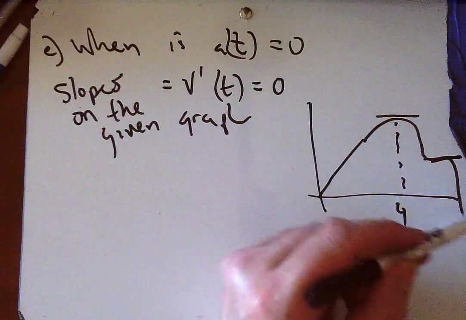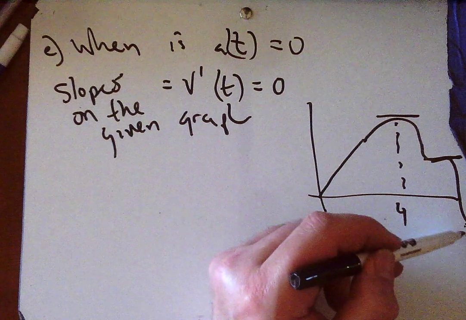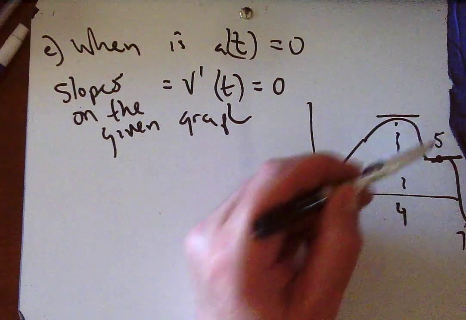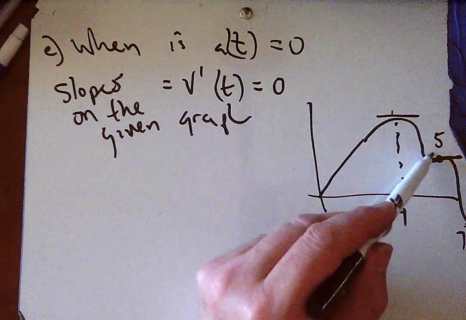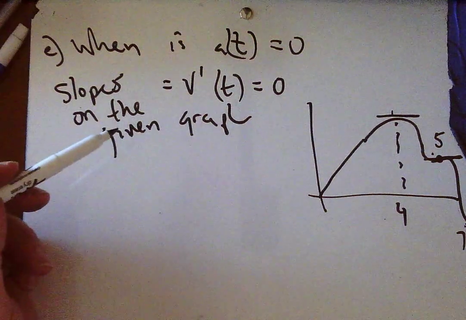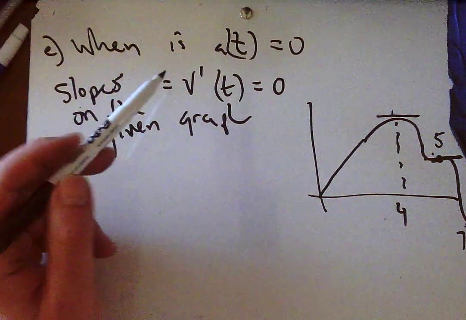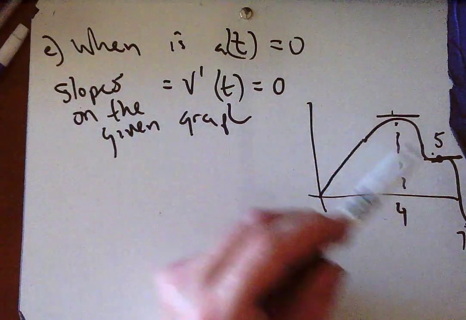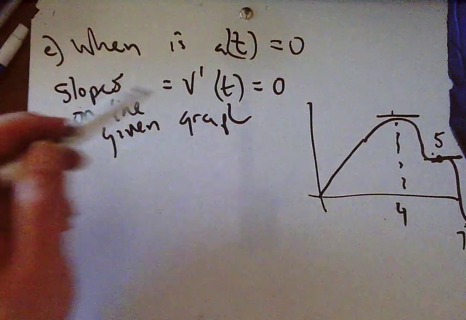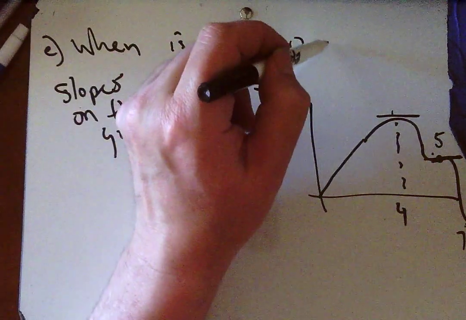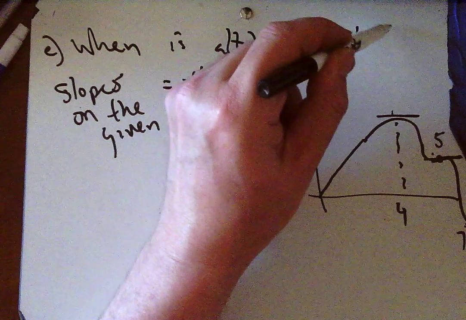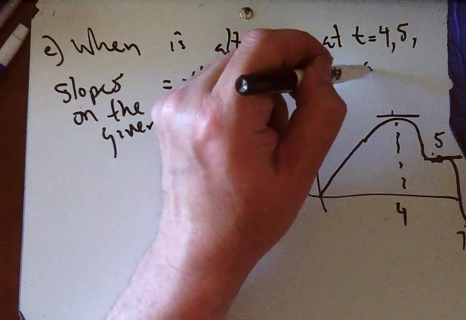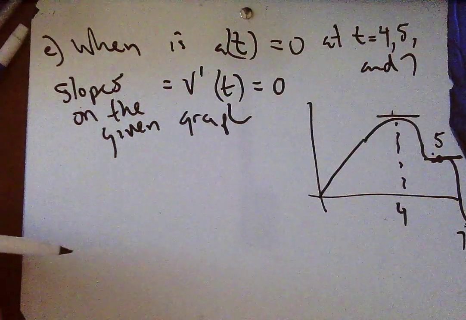If this is 6 and I had 9 over there, let's call that one 7, and let's call that one 5. 3 places where I had a horizontal tangent, 3 places where the slope on this graph would be 0. And so A of t is equal to 0 at t equals 4, 5, and 7.